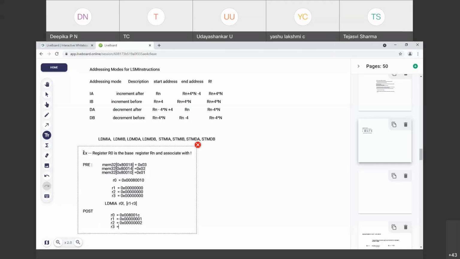So the multiple load instruction basically moves blocks of contents from memory to the registers or from registers to the memory. That's the ultimate solution to represent. How to show this? When this single instruction LDMIA R0, R1-R3 gets executed, that's how it can be visualized.